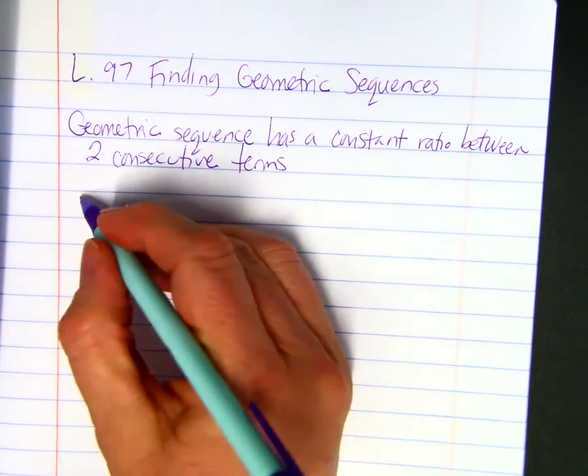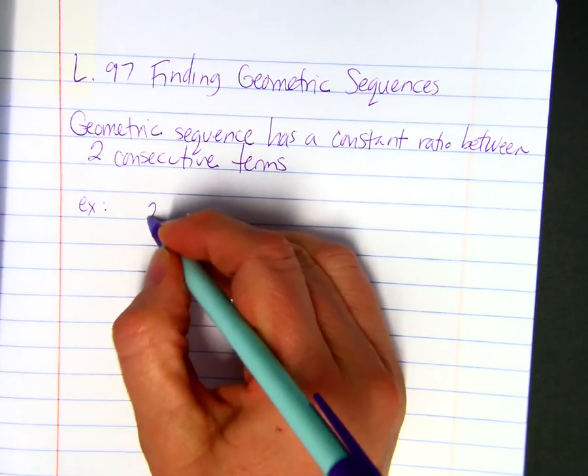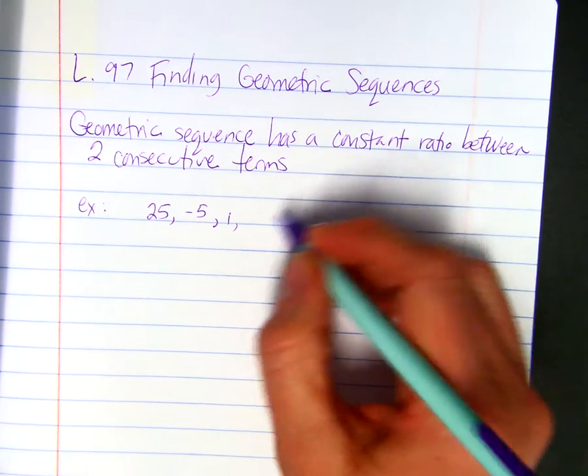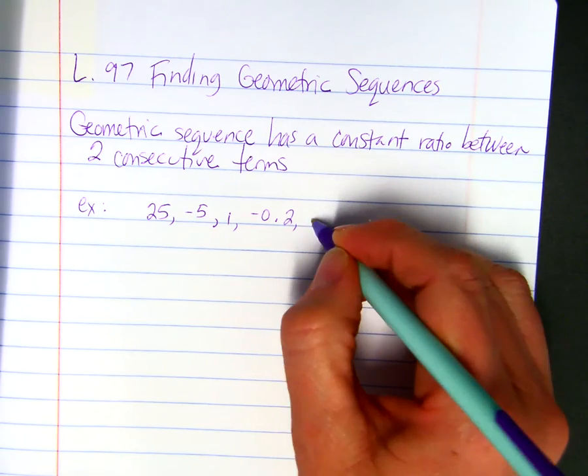So, for example, 25, -5, 1, -0.2, and so on.